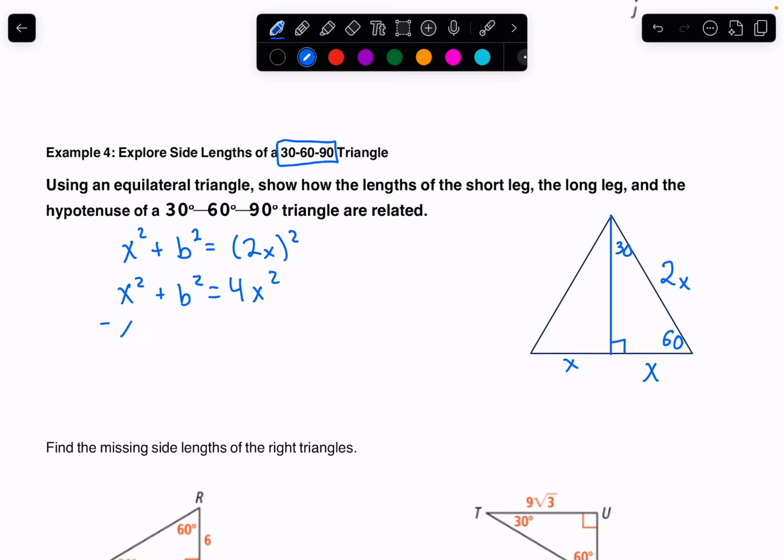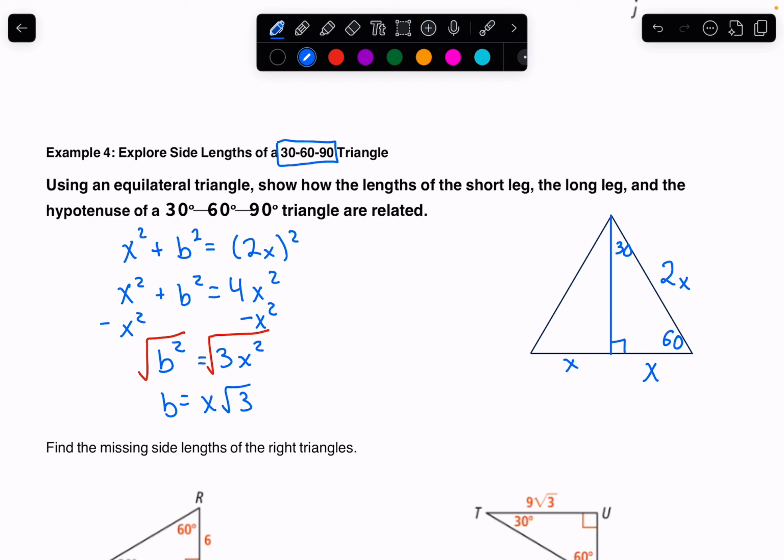We've got minus x squared, b squared equals 4x squared minus 1x squared is 3x squared. And then we'll take the square root of both sides. And just like last time, the square root of x squared is x, but the square root of 3 is something we can't simplify. So we're going to leave it as x root 3.